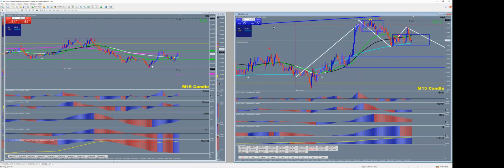It's about to break structure on the 1-minute. Oh man, good to go. I'm looking at the 1-minute and you see a lower high.